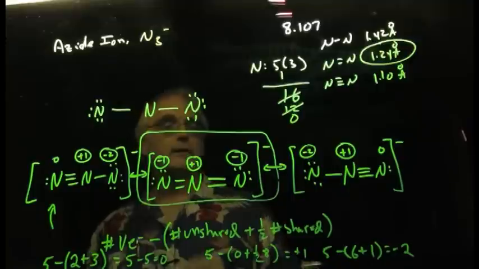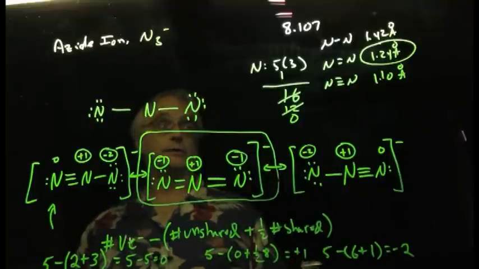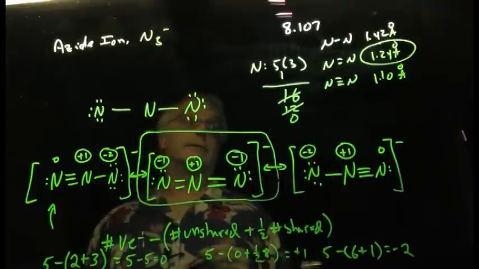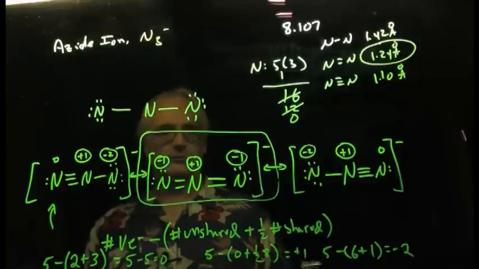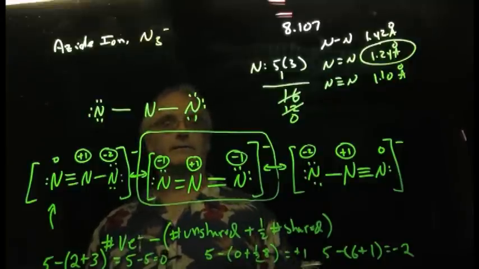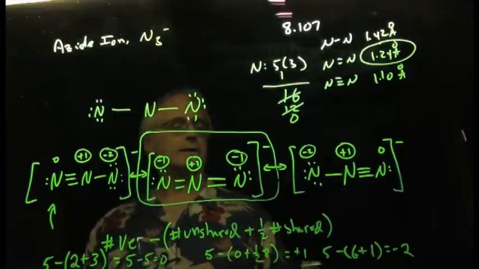Predict the average bond length in the azide ion. Since the dominant resonance structure is the one with the double bonds, the average double bond for nitrogen is about 1.24 angstroms. That's going to be the answer for the question. What are the bond lengths of the azide ion? 1.24 angstroms. Man, so much stuff in here. Oh, it's just inspiring to think about.